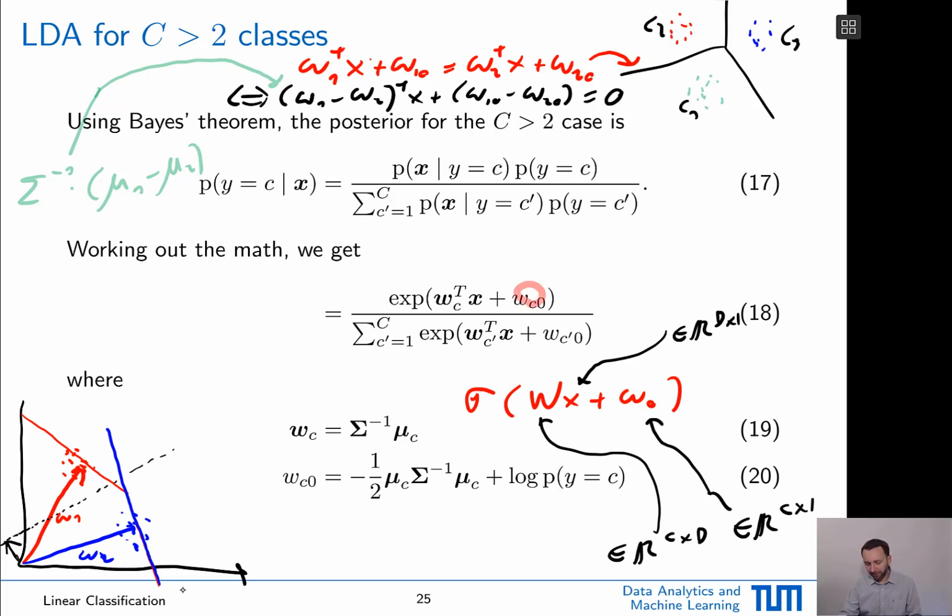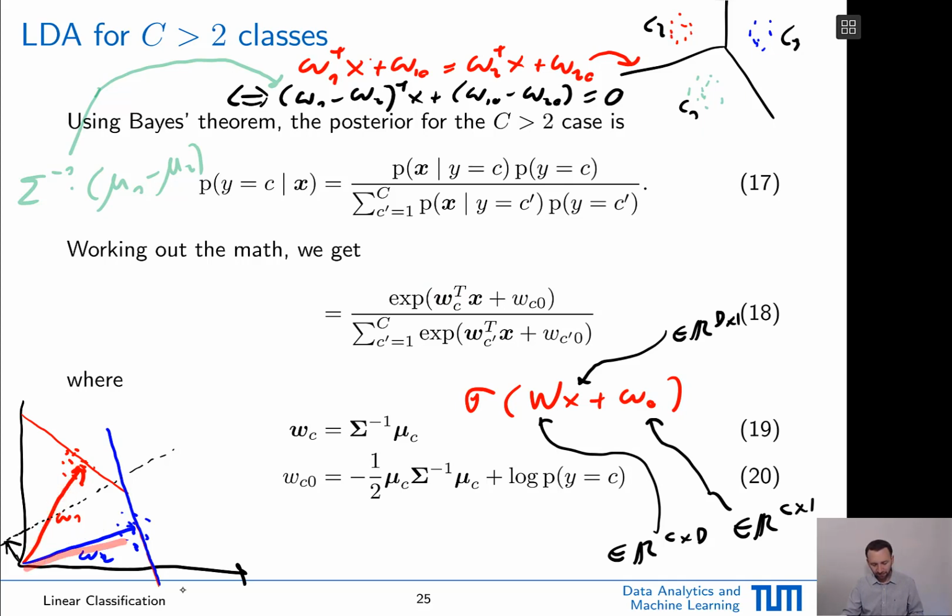Okay, so what did I do here? You see that we have this WC0. So for every class we have its own offset term, and here I've stacked all these together. Think about you have 3 classes, then every one of these classes has this term, and here we have all these 3 values stacked together. And here I did the same. For every class we have a d-dimensional vector, so this normal vector, which we have seen here, right?